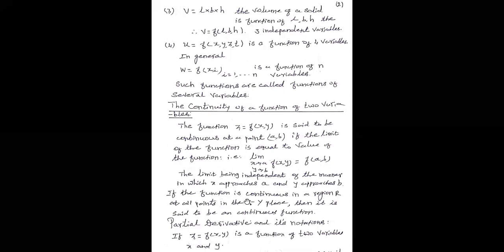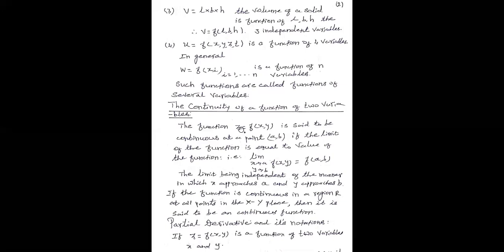If the function is continuous in a region R at all points in the xy plane, then it is said to be a continuous function. Now, we want to go back to finding the derivatives of such functions.